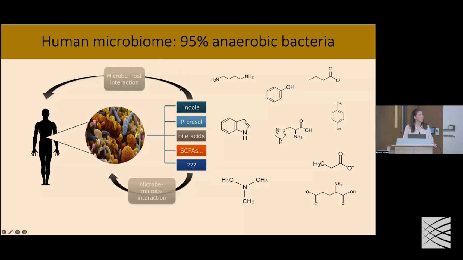These metabolites are important for either microbe-host interactions or for microbe-microbe interactions. And depending on the concentrations they are produced in, they can have either beneficial or detrimental effects for our health. An example of this is indole.